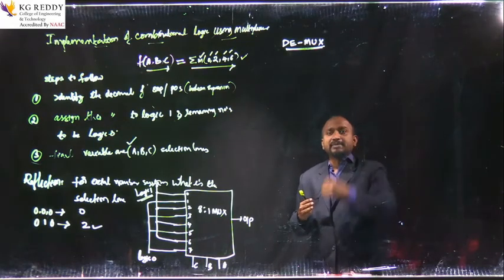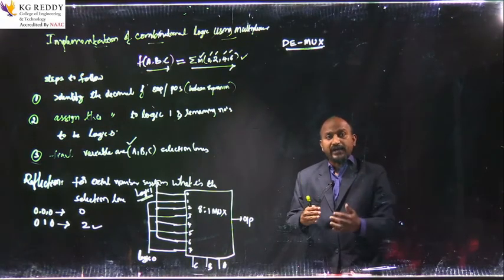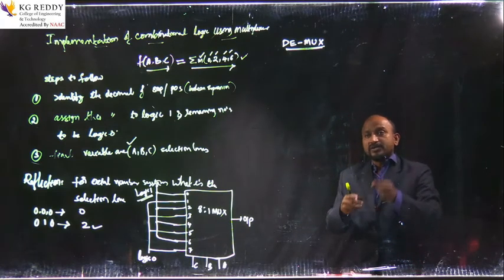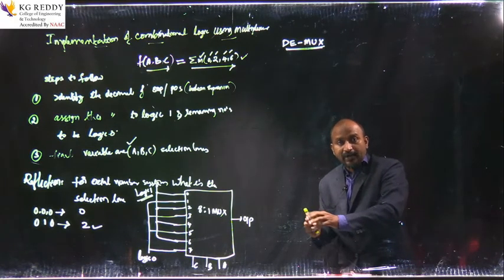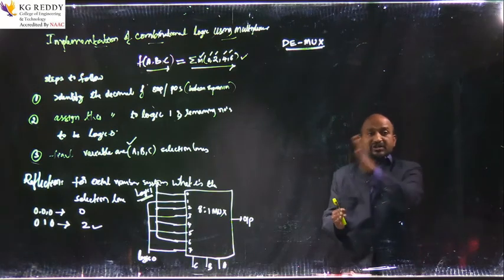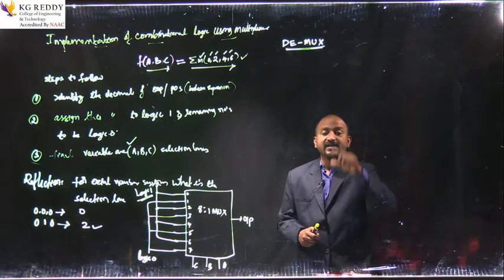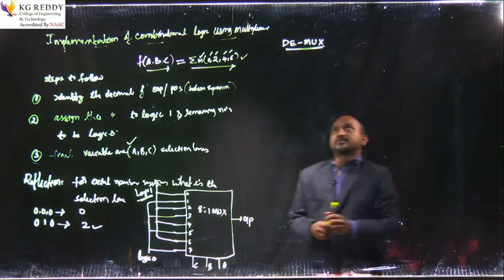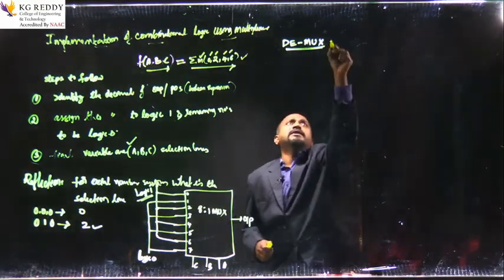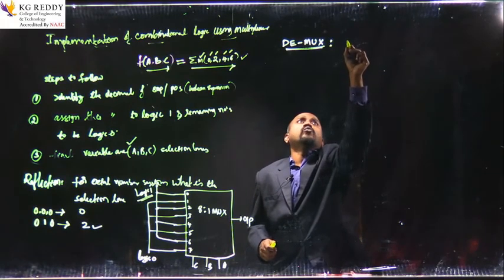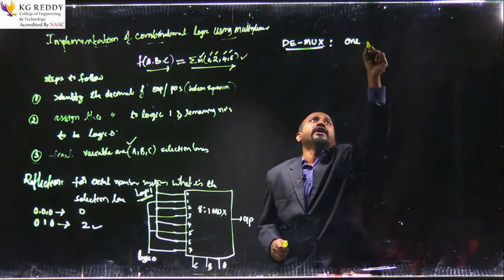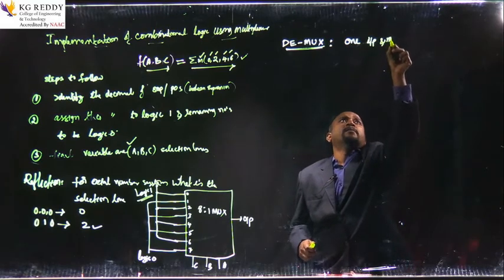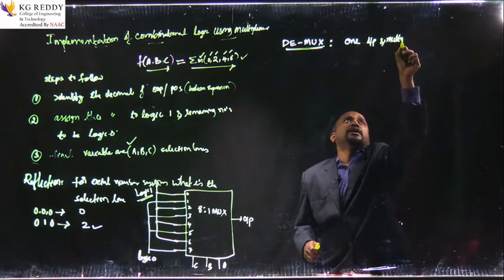Coming to demux, it will be at the receiver section. Demux has a single input and multiple outputs, the reverse operation of the multiplexer.